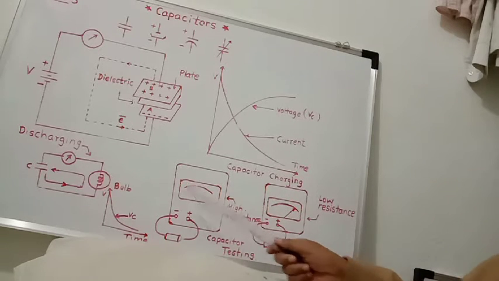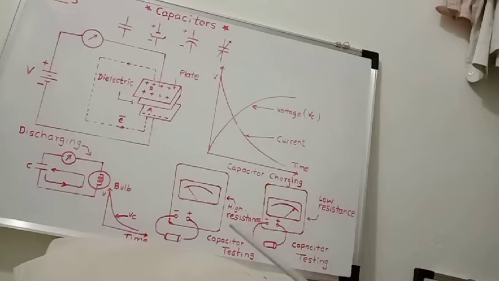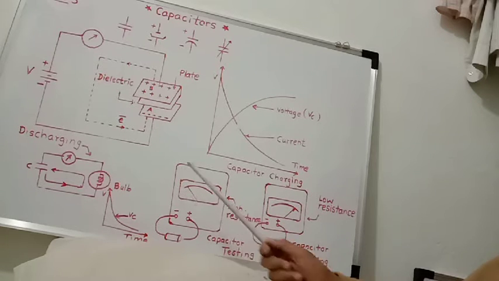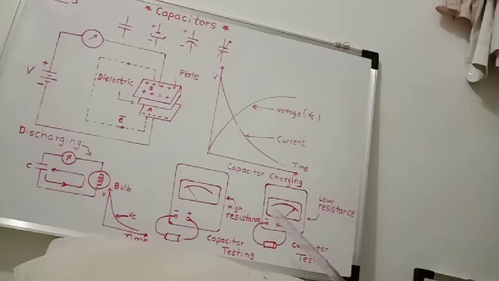Initially we get forward deflection, and then it slowly charges, and during that its resistance becomes high, and finally it shows infinity resistance. So first it shows forward deflection, and then reverse deflection. Then we say that the capacitor is in good condition. So this is the method of testing a capacitor.